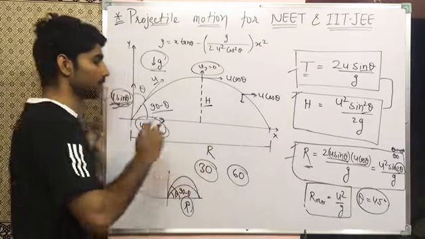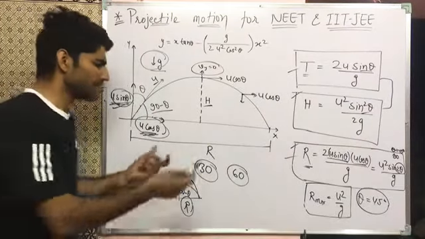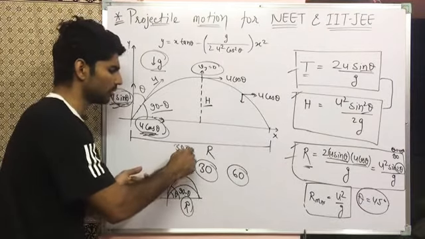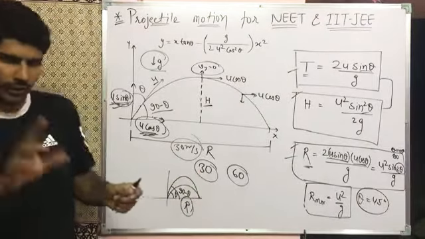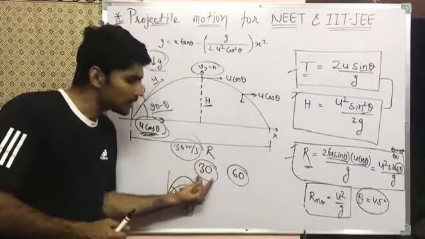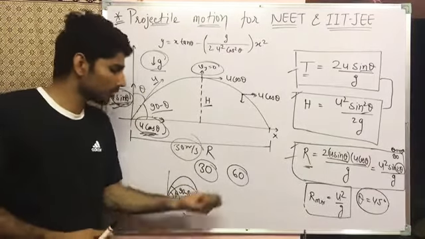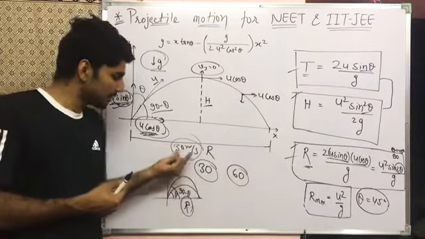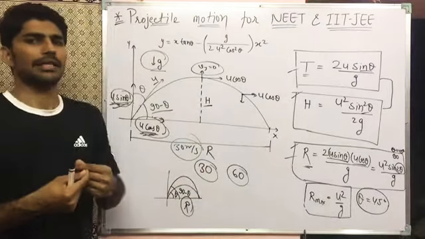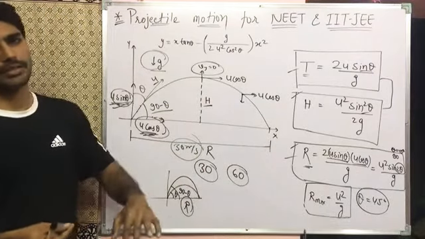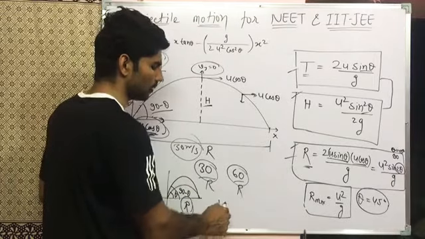Sometimes you are asked that you throw a ball or an object or a stone with an initial velocity of something like 30 meters per second, and you throw an object at an angle from the horizontal of 30 degrees, and next time you throw the same object at the same initial velocity but the angle is 60 degrees, then get the ratio of range for both cases. So in both cases the value of range is the same, so the ratio will be 1:1.